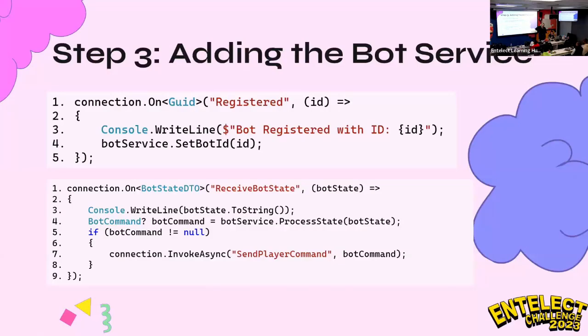If it's not null, we send the command over to the server. The reason we check if it's not null first is because we don't necessarily always want to be moving. You could definitely do that, but in our implementation, while it's busy changing states, rather than do some kind of fancy checking to see if it's changing, we basically just sit still while we're waiting to change.